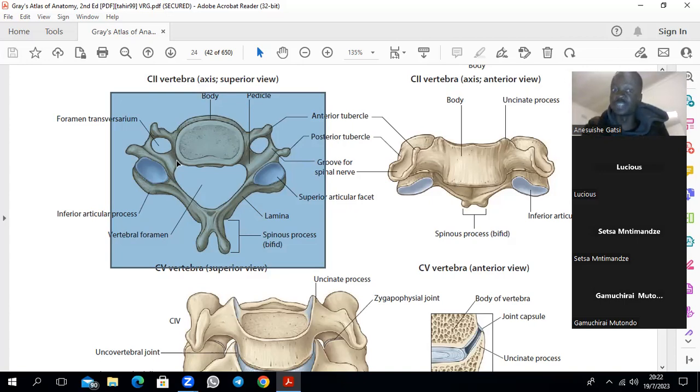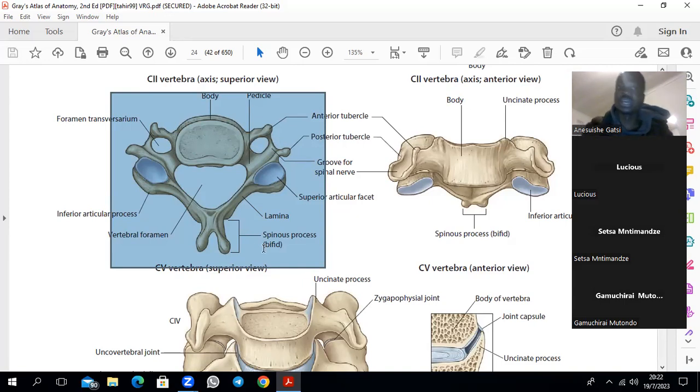This foramen transversarium allows passage of the vertebral vessels. So there's going to be a vertebral vein, there's going to be a vertebral artery. When you do your thoracic anatomy, those vertebral vessels, or the artery in particular, it comes from the first part of the subclavian artery. You will notice that when you do your thorax.